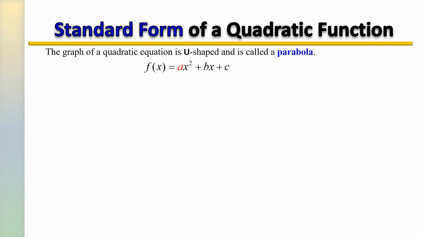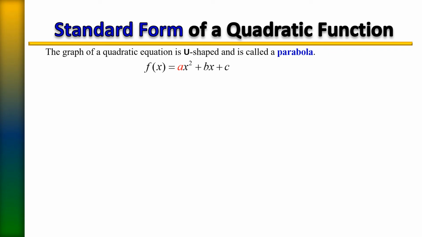The graph of a quadratic function is a U-shape, and it is called a parabola. If an equation is in standard form, the coefficient of the squared term will determine the end behavior, or the shape of the U, facing upward or downward.